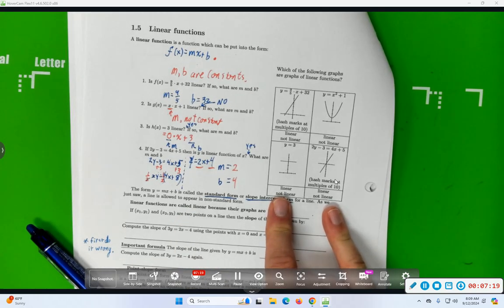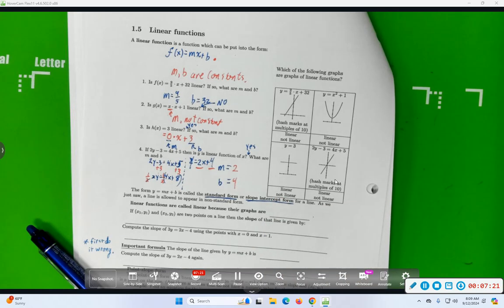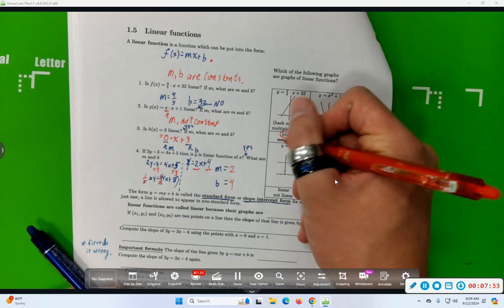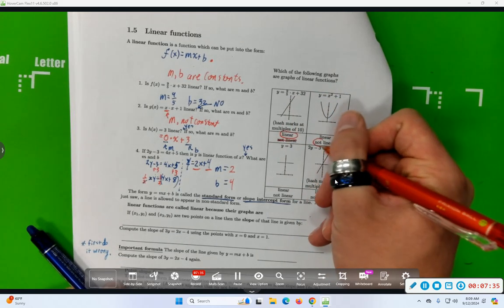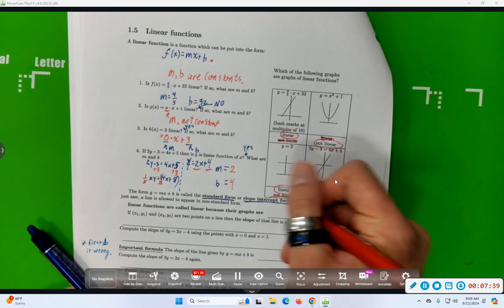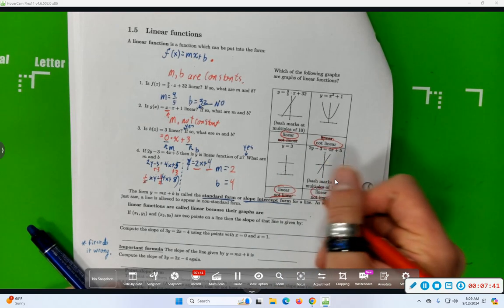So off to the side are the exact same equations that you classified as linear or nonlinear. And they've been graphed. So this first one we decided was linear. Second one, not linear. Third, linear. Fourth, linear.